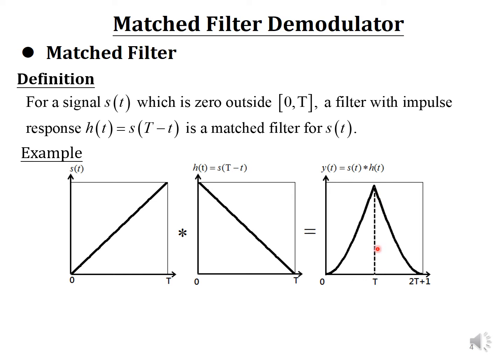When t is greater than T, the overlap area becomes smaller and smaller, and after 2T they are not overlapped. So the output will look something like this.